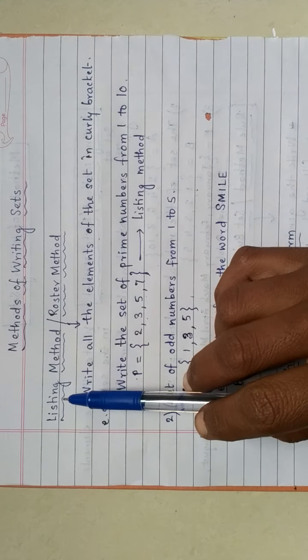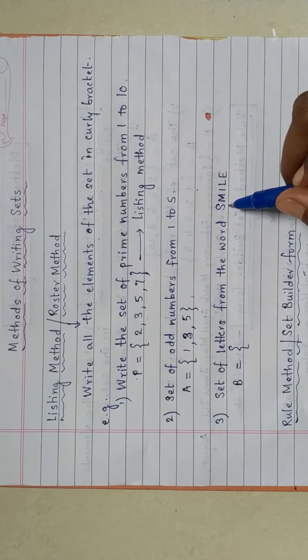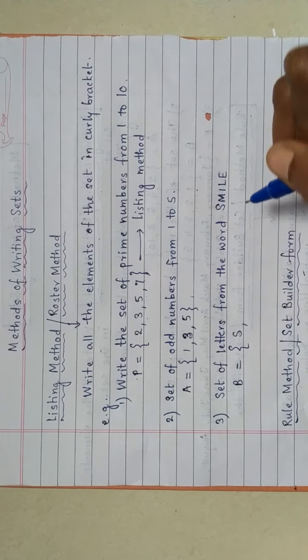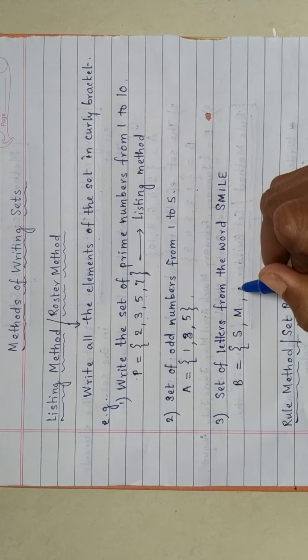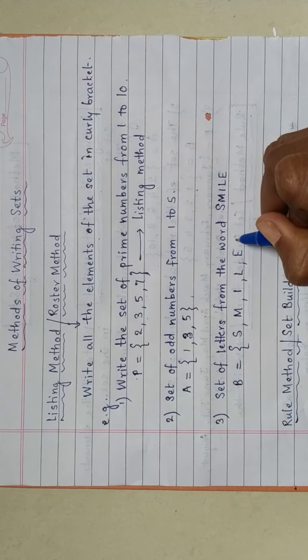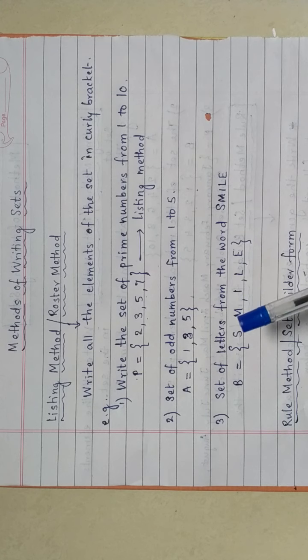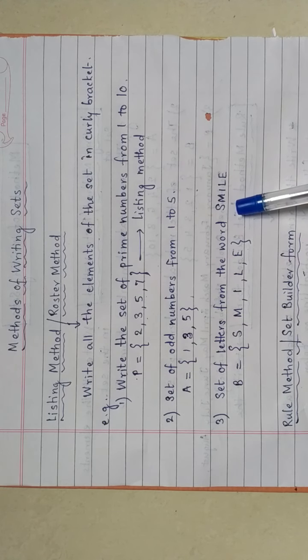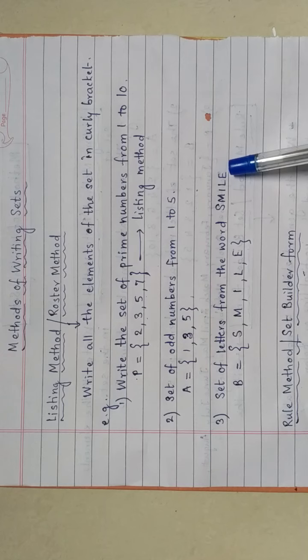As we are writing it by listing method, we are going to write all the letters here. We begin with the letter S, then M, I, L and E. Now when you are representing the set by listing method, keep in mind that when we are writing the letters from a particular word, we won't repeat the same letters.